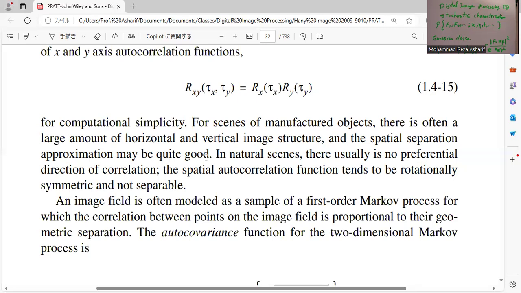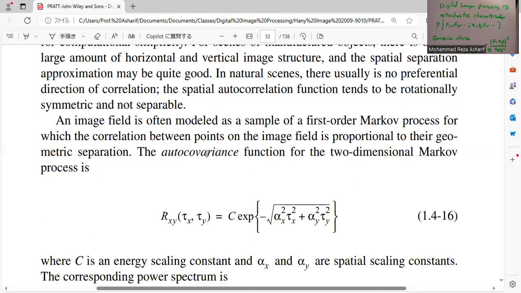This equation is good for man-made images, but for natural scenes like a jungle of trees or something like that, there is no preferable direction of the correlation. The spatial correlation function tends to be rotationally symmetric and not separable.